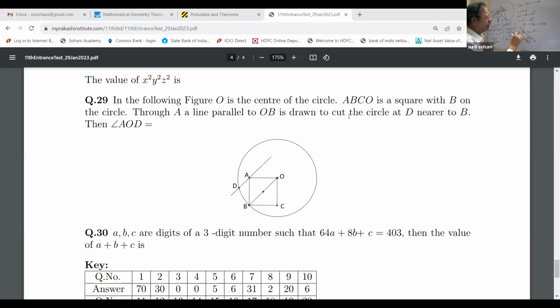Then the side opposite to 30 degrees will be half of root 2. Half of root 2 is 1 upon root 2, because root 2 divided by 2 is 1 upon root 2.